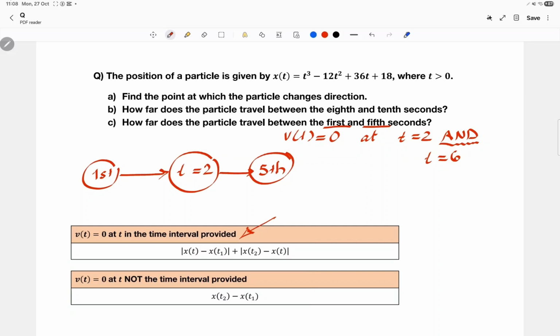So now we should do the following. We should do x of 2 minus x of 1, absolute value, plus absolute value again, x of 5 minus x of 2. Okay? And now I can use Desmos for the results.